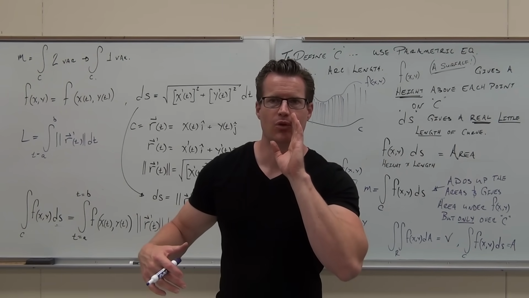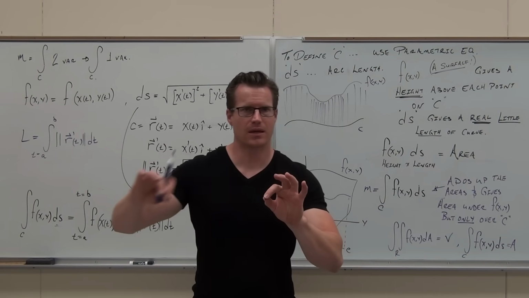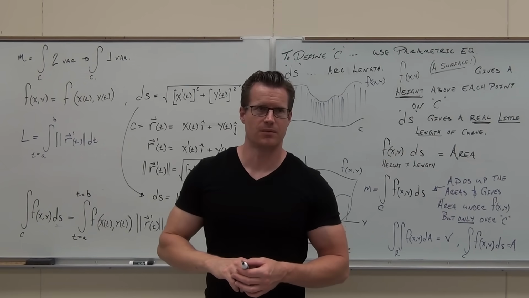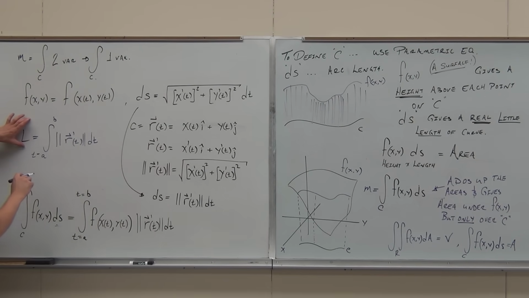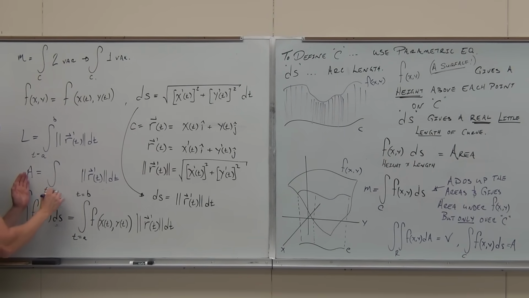Now look, if we want to go from length to area, length times what gives us area? If this is length, then area would be length. There's length from t equals a to b.